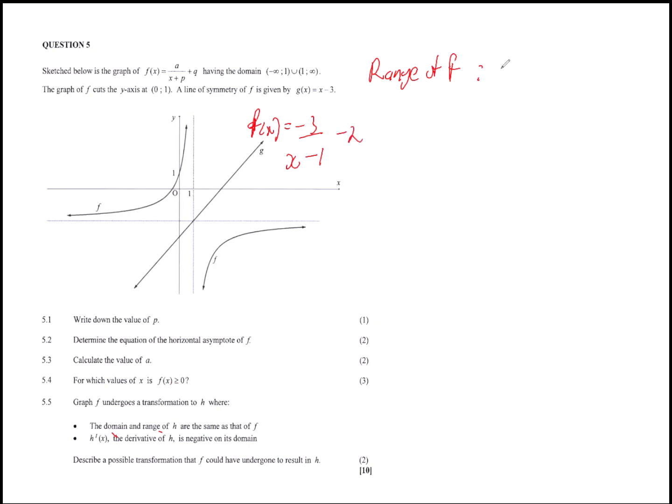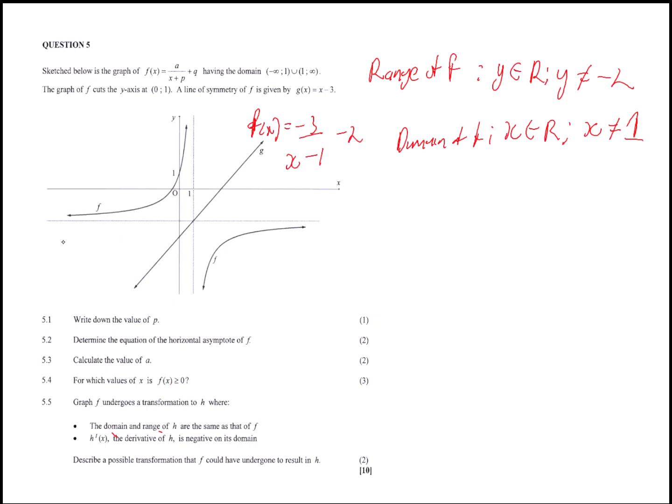So the range would be what? y is an element of real numbers where y should not be equal to -2, right? And then your domain of f would be x is an element of real numbers where x should not be equal to what? +1, right? So this is what we have.